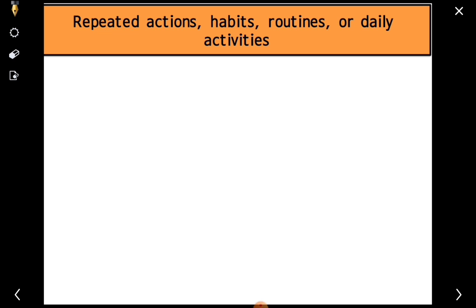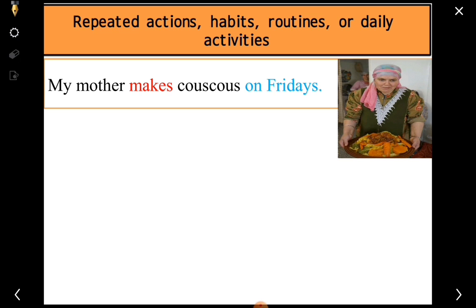That's why we use the present simple tense. For example, my mother makes couscous on Fridays, every Friday, something which is repeated.